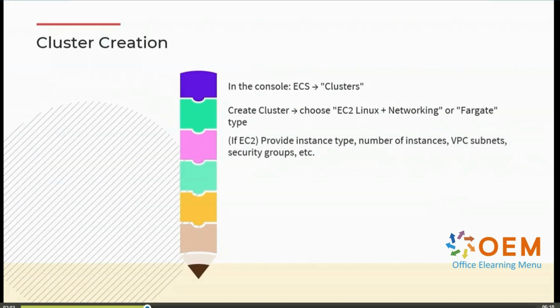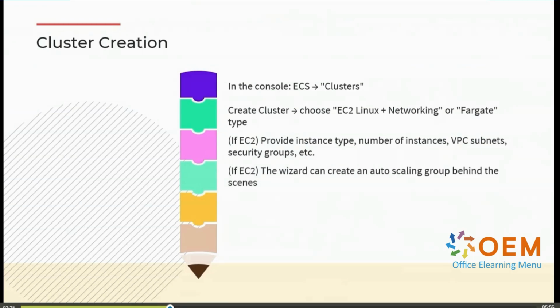And if you select the EC2 launch type, the wizard will guide you through configuring your EC2 instances. This includes selecting the EC2 instance type, like T3.medium for example, and specifying the desired number of instances, and defining the virtual private cloud or VPC subnets and security groups where these instances will be launched.